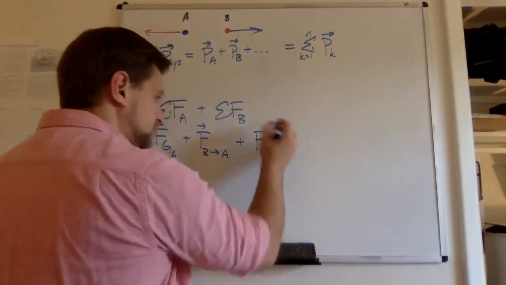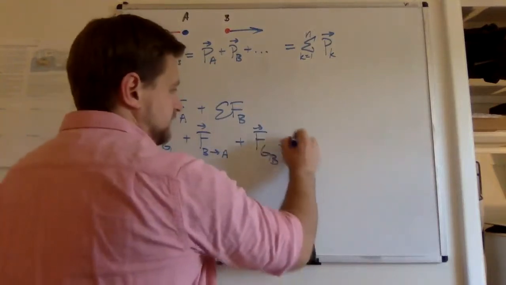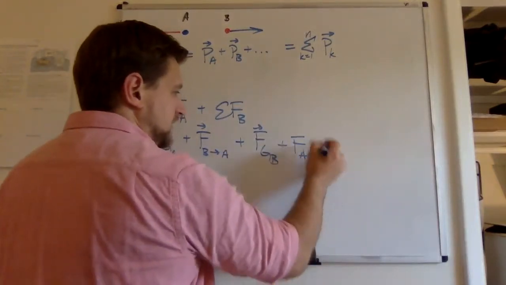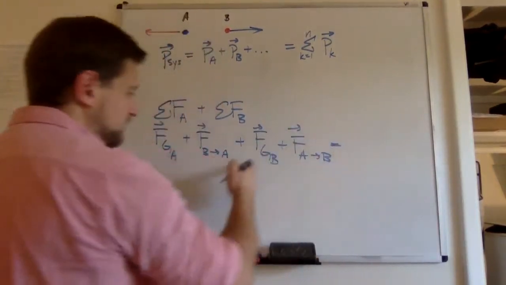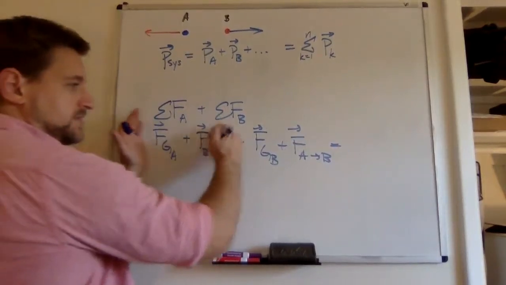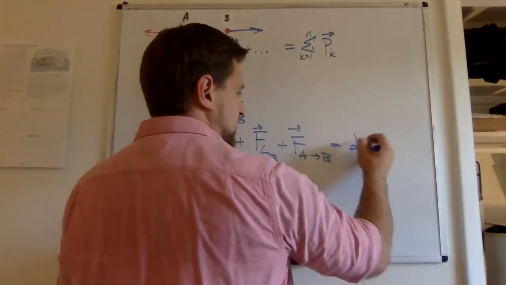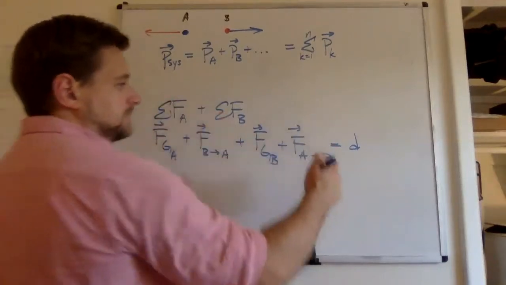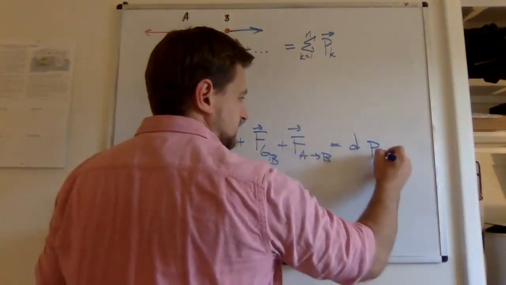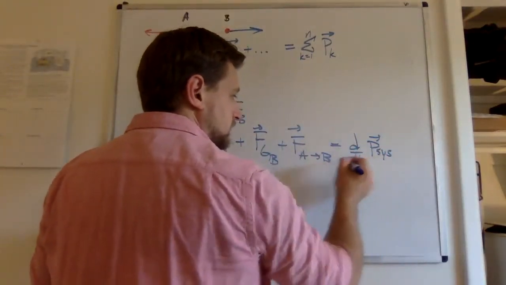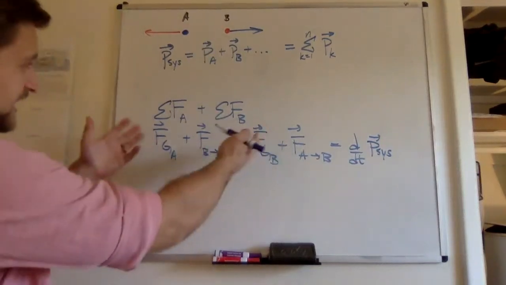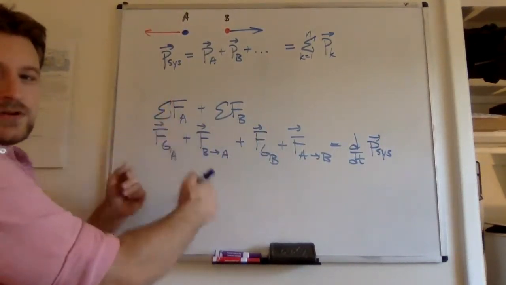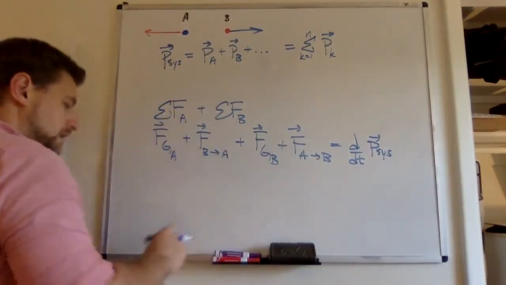Force of gravity on B plus the force of A acting on B. This would be the net force on A, and it would still be related to the change of momentum of the system because we're adding A to B. So this is still equal to what it was. It's just now when we evaluate sigma F, there are more forces to worry about.